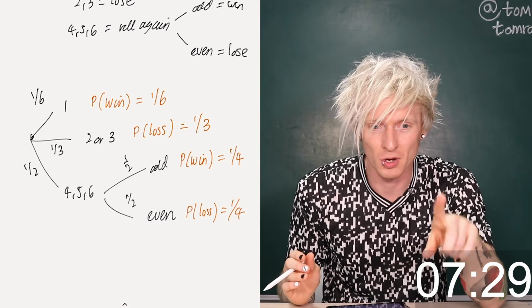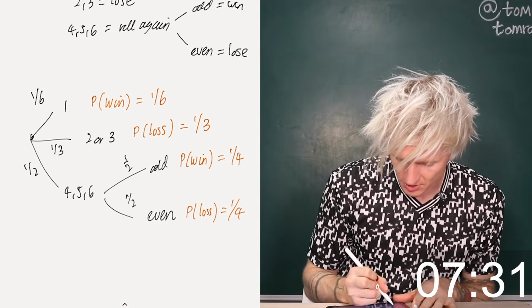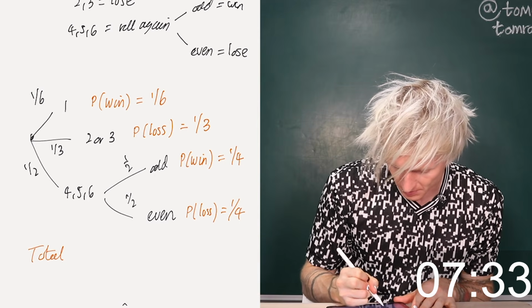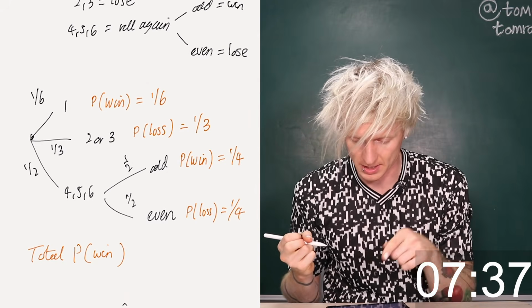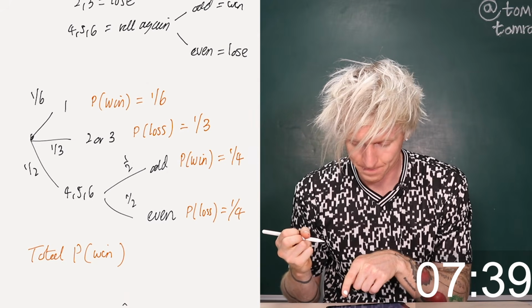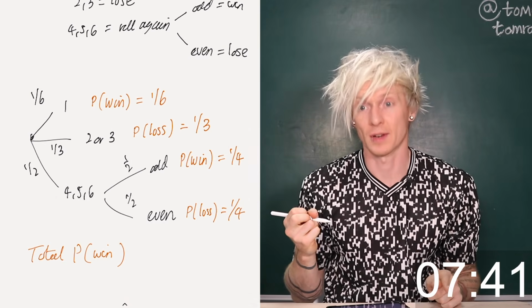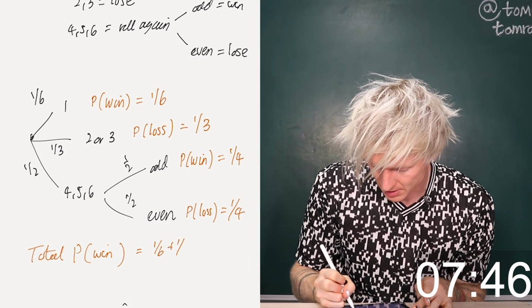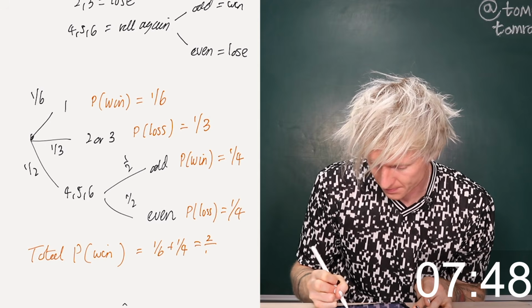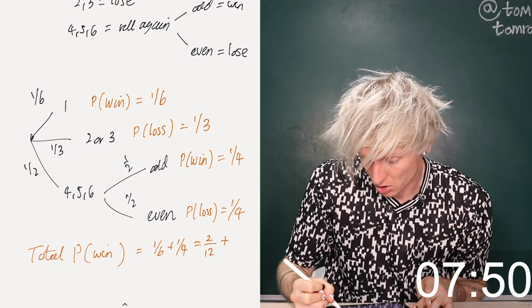So is Anna more likely to win or lose? The total probability of winning is going to be the 2 added together. So that's 1/6 plus 1/4, which I'm going to have to work in 12ths. So 1/6 plus 1/4 is 2 out of 12 plus 3 out of 12.